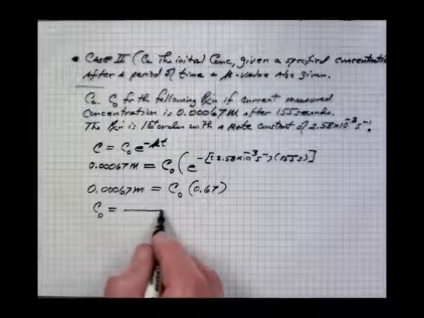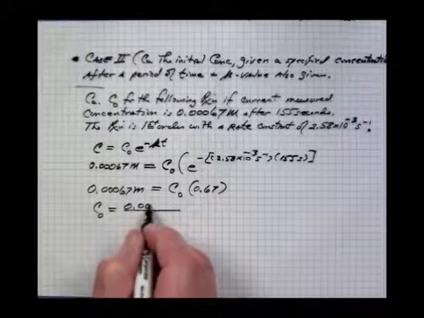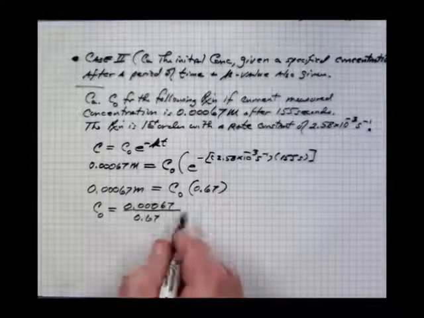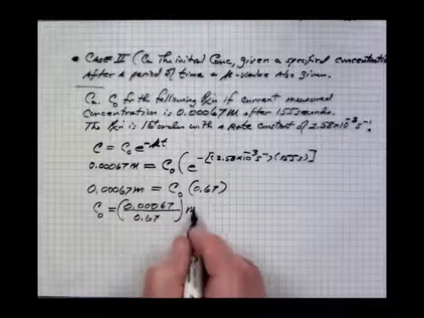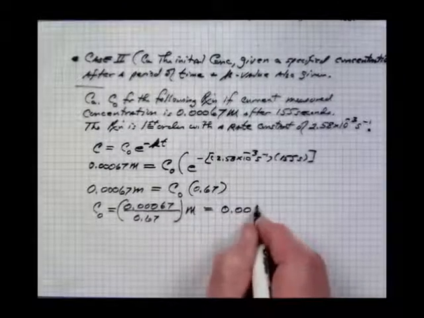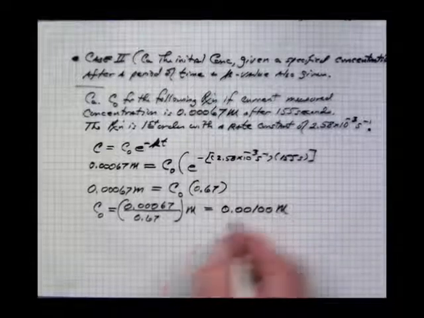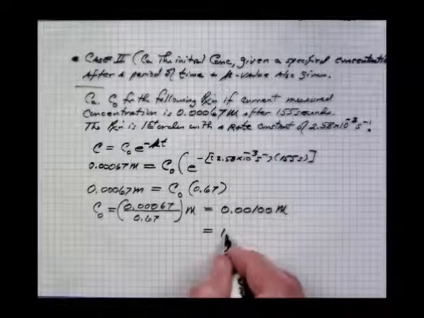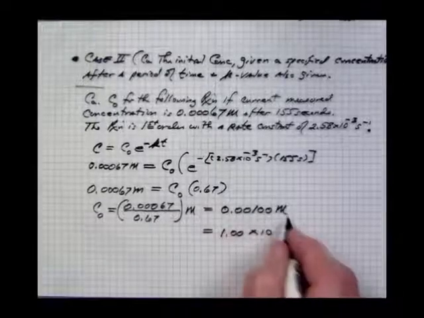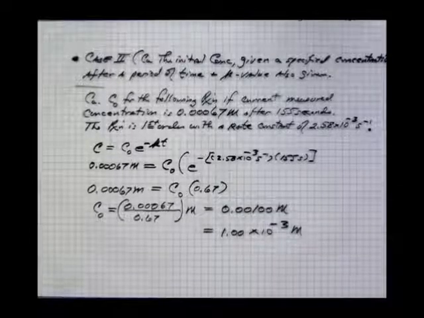The computation goes to 0.00067 divided by 0.67. It comes out in moles per liter, which ultimately comes out to 0.00100 molar, or 1.00 times 10 to the minus 3 molar.